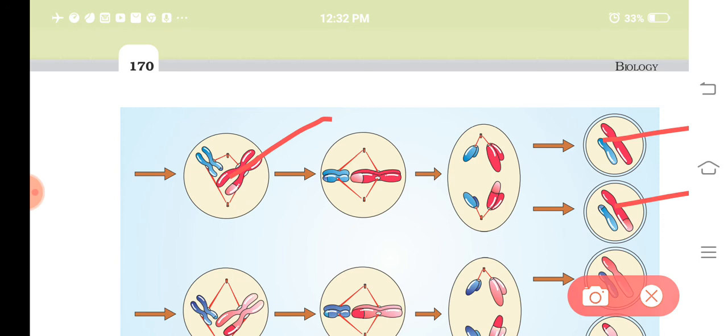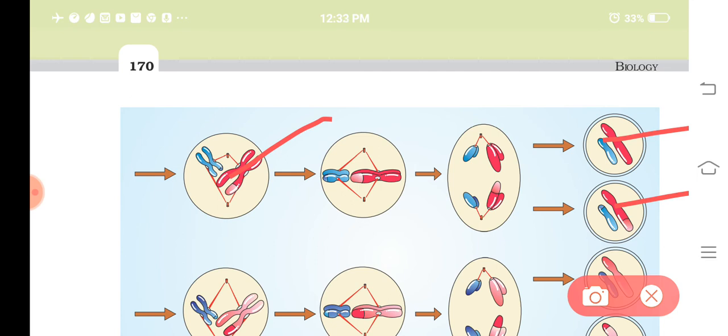And then in the next phase, each of the cells formed at the poles will undergo one more division, meiosis 2, and the chromosome number will be the same as that of the cell which underwent meiosis 2, but the number of cells will be again doubled. From each cell which is undergoing meiosis 2, 2 cells will form. Already 2 cells are formed after meiosis 1, and they will get divided into 2 again.